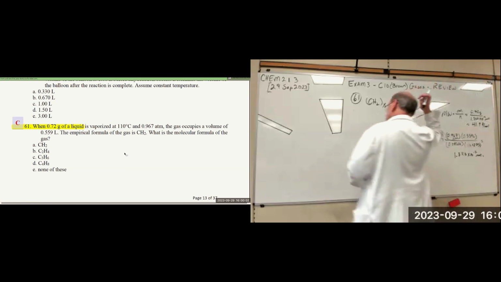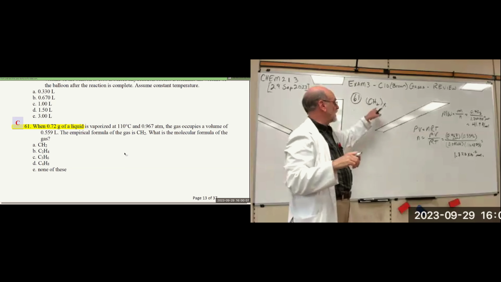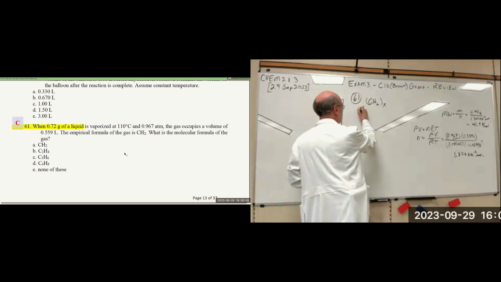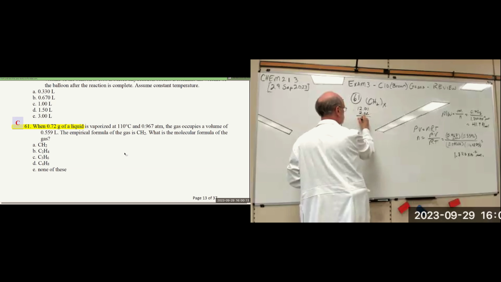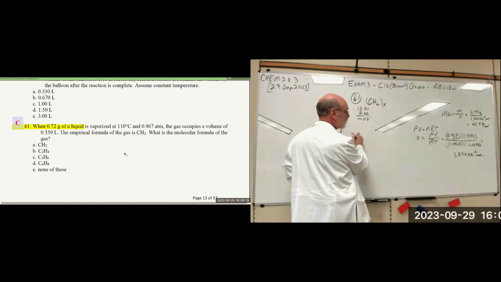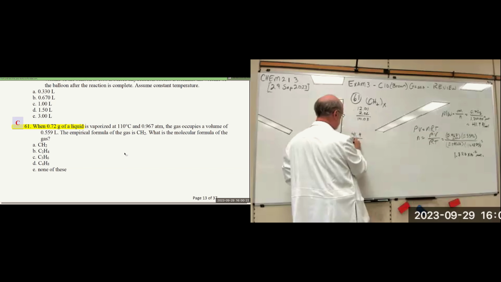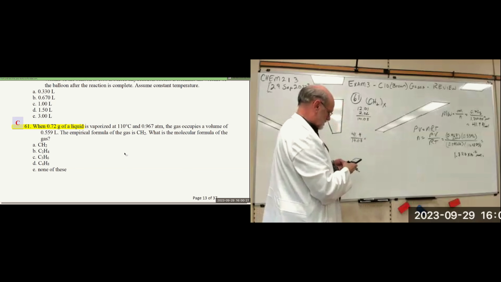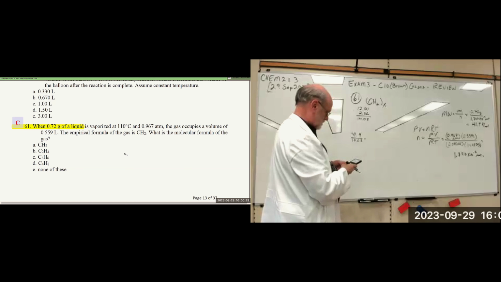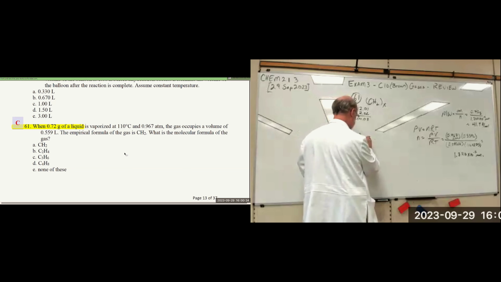All right. So remember how to get the X value? You need the empirical weight. Carbon is 12.01. 2 hydrogens is 2.02. So we have 14.03. We ratio 41.9 divided by 14.03, and it gets very close to 3.